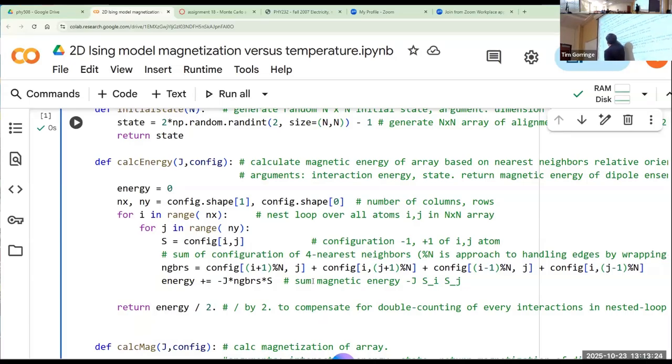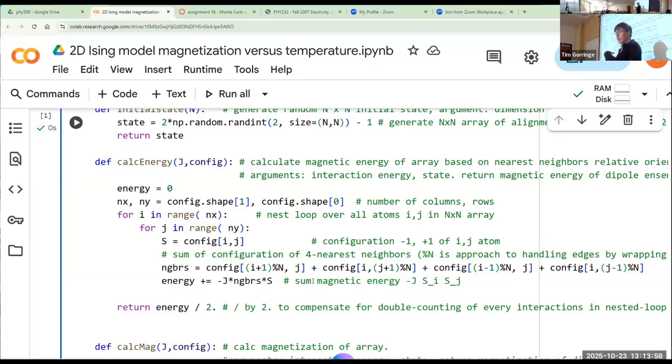So I call this function calculate energy with these arguments here. J, remember, is just a number in joules that characterizes the magnetic interaction energy between neighbors. Configure is also an n by n, or 10 by 10, array that's the current microstate. We start with a certain microstate that was completely random, and that's going to evolve.